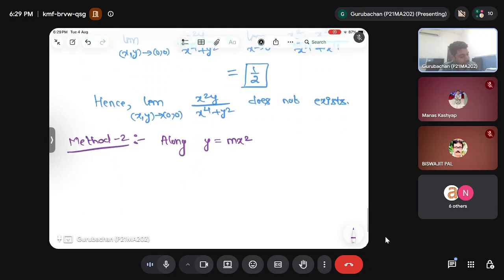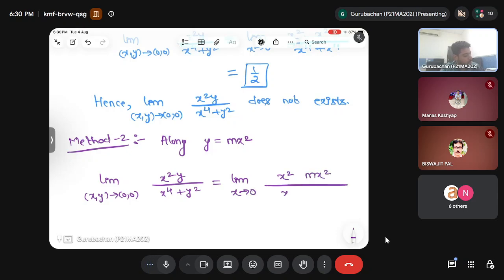So our target is to show that our limit depends on m. How? Let us see. The limit as x tends to 0 of x square times mx square over x to the power 4 plus m square x to the power 4. What will you get? m divided by 1 plus m square.